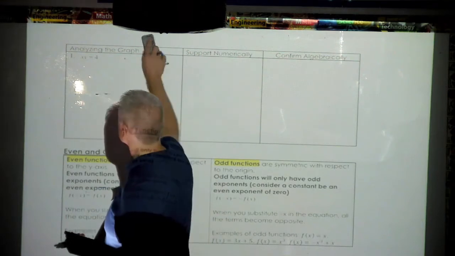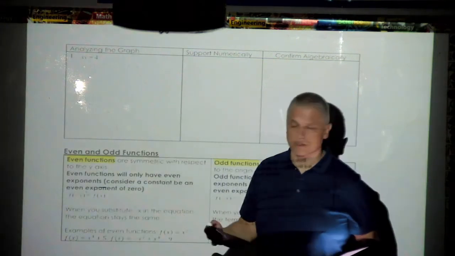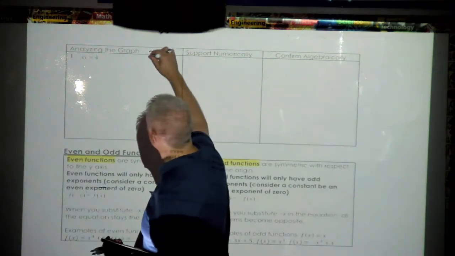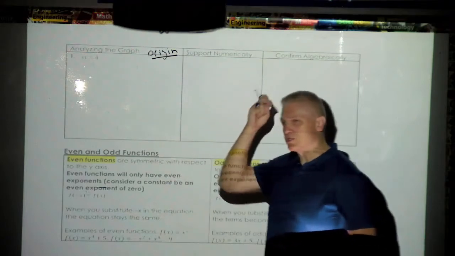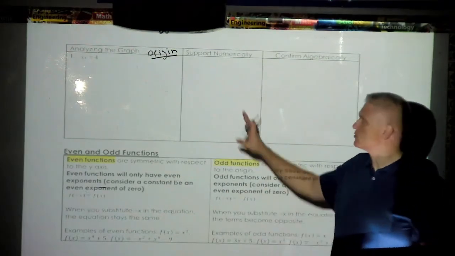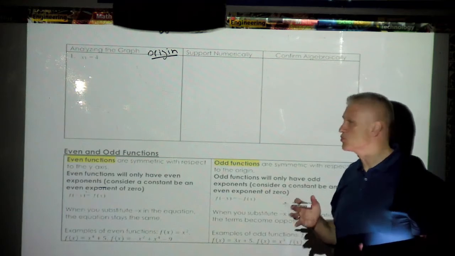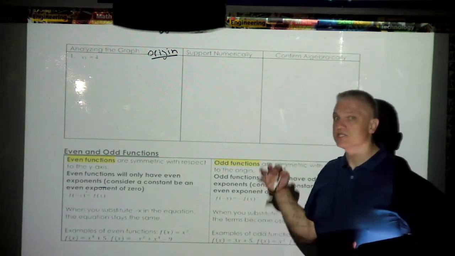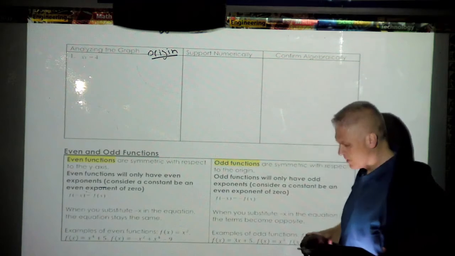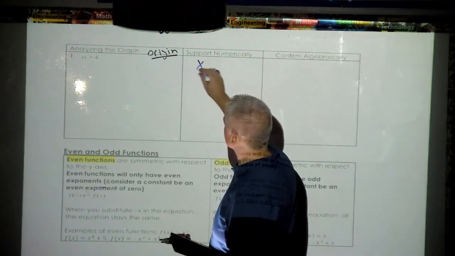So if this thing is going to be symmetric to anything, it's got to be symmetric to the origin. So my guess is that it's symmetric to the origin. Now I'm going to use the rules that we had for symmetric to the origin, and I'm going to try to prove numerically and algebraically that it's symmetric to the origin. So numerically, let's get a little table.